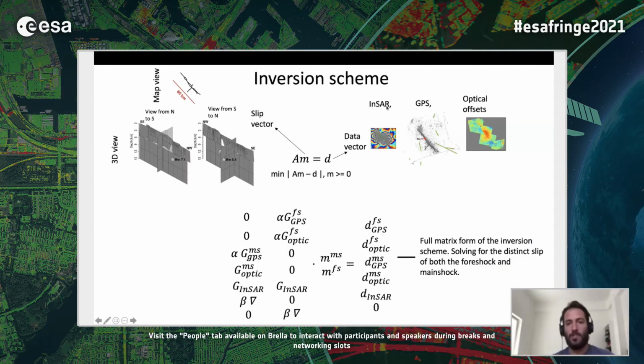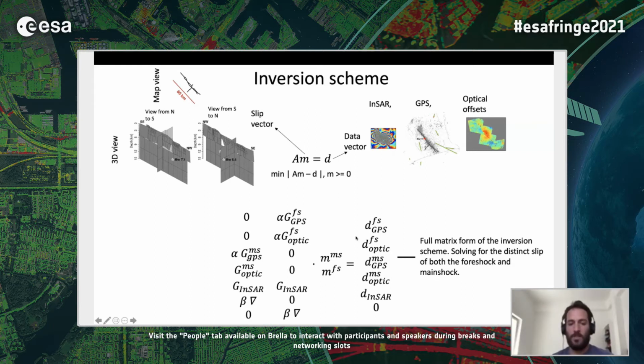So our inversion scheme will include two additional data sets, GPS displacement and optical imagery offset displacement, where both the INSAR and the optical imagery offset fault geometry discretization was optimized via the reconditioning process.